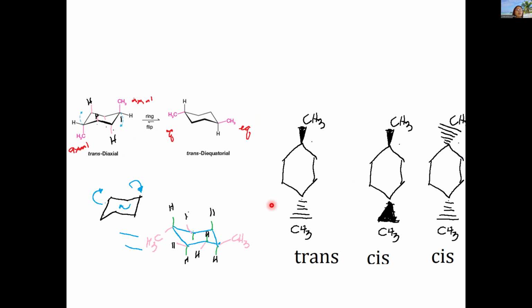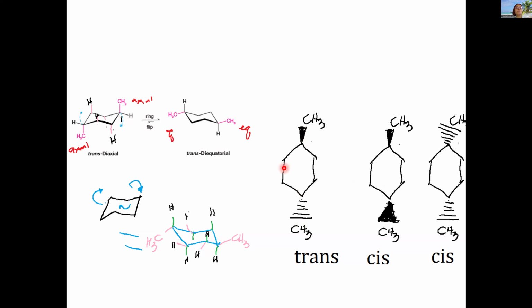You can use the top view for the cis and the trans isomers, so you can use the wedge. The wedge, when it's dark, is oriented towards you, or the dash away from you. It's like looking at the top view of the cyclohexane, right? So it's towards you and the other is away from you.